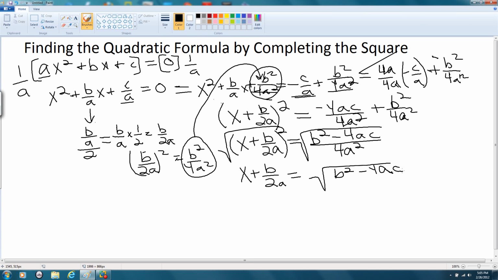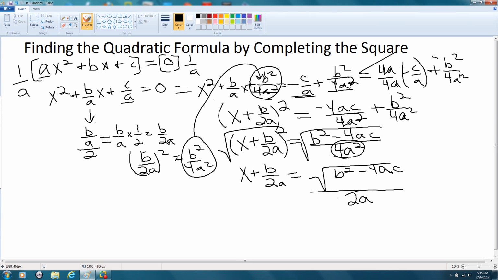But we will do something here. We can take the square root of the top, and take the square root down here of 4a squared. But the square root of 4a squared is simply 2a. So I took this square root separately, and it's down there. So now this is what we have so far.